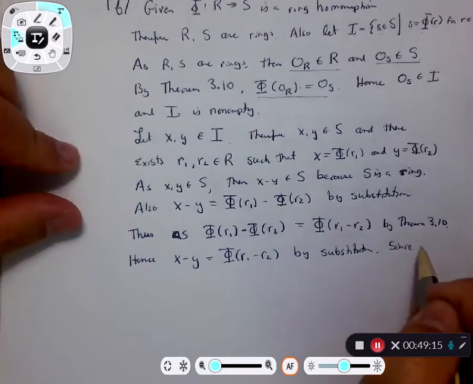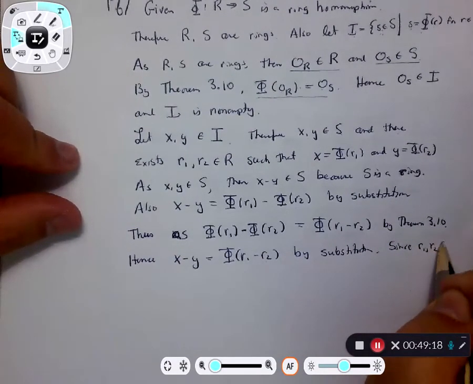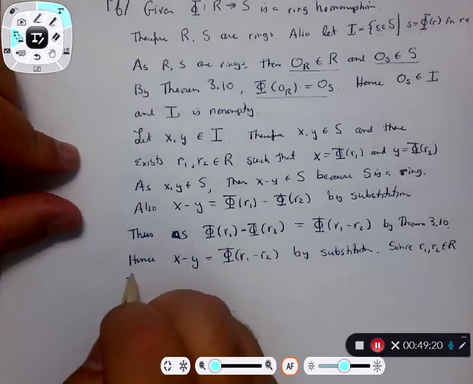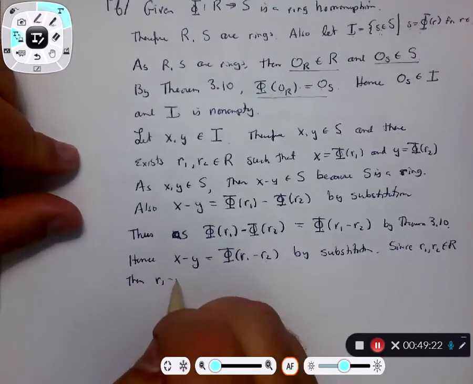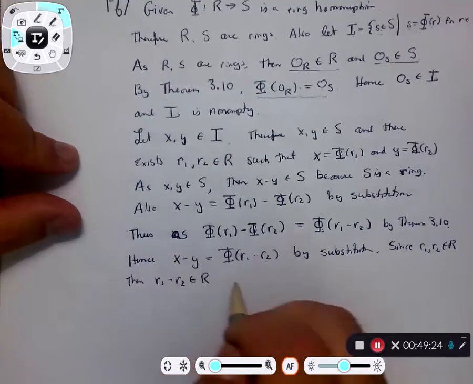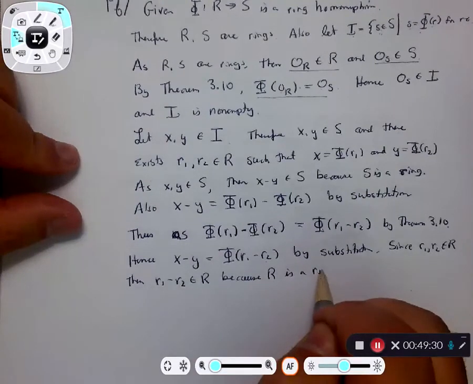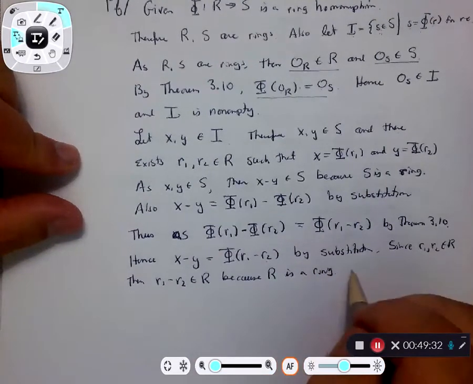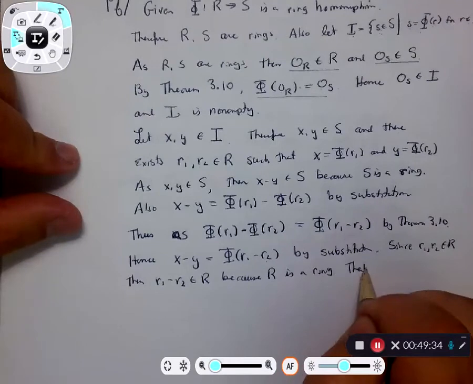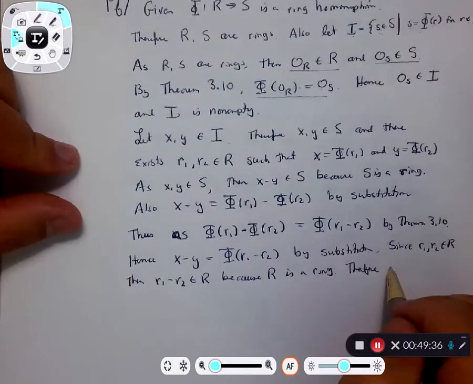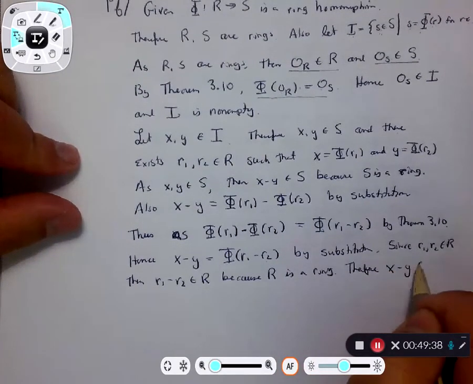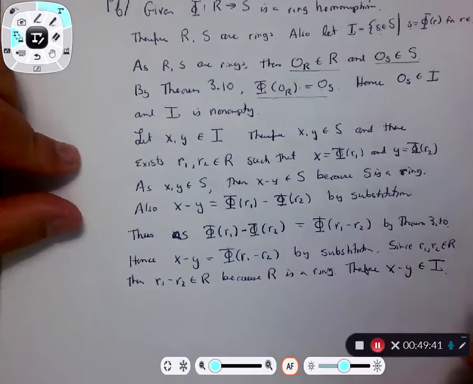Since R1 and R2 are elements of R, then R1 minus R2 is an element of R, because R is a ring. Therefore, X minus Y is an element of I.